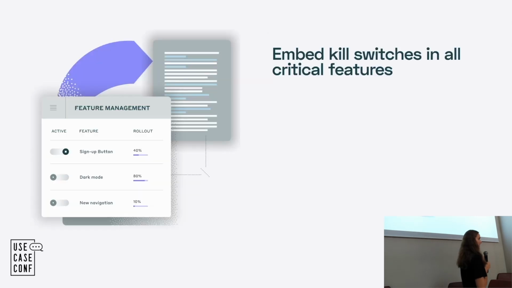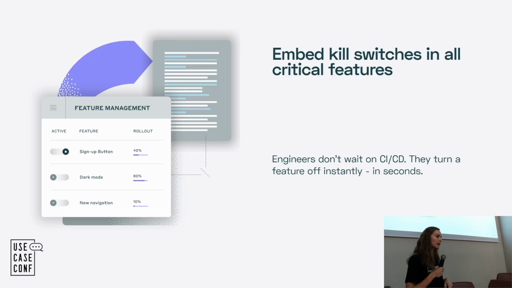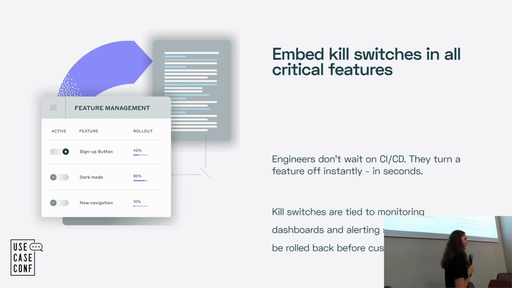And when they started using kill switches, they basically decided, kind of what Google said, that every critical feature should be behind a kill switch. And they managed to find a way that they are tying it to their monitoring and alerting systems as well. So when things go wrong, they can turn something off before even the customers notice. And that's really nice. You don't want your customers telling you that your stuff is broken, right?